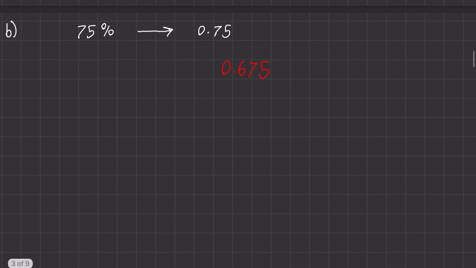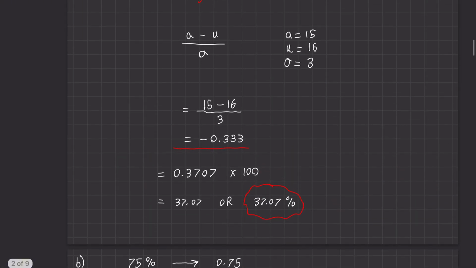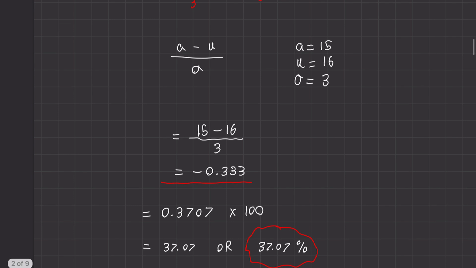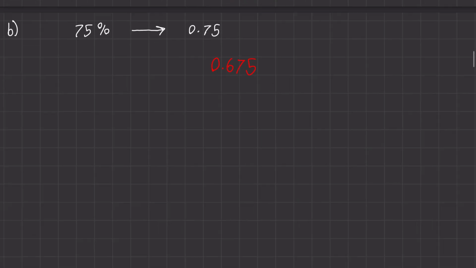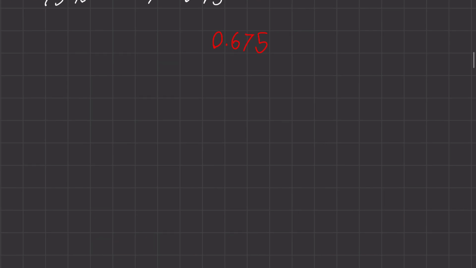So what does this number mean? This number now means that we can set the equation from above, A minus mu over sigma, to 0.675, and solve for our value of what pressure? Equal to x.